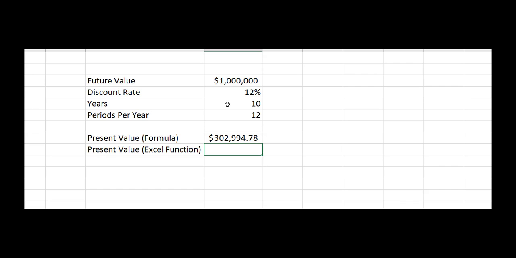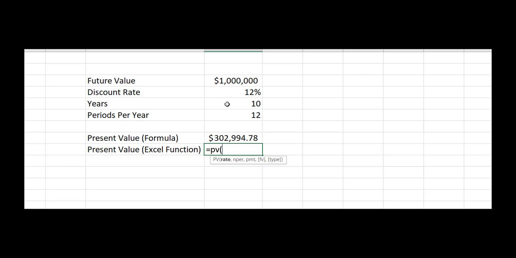Now, how do we do that in Microsoft Excel with an Excel function? We type an equal sign, and the function we're looking for is PV, for present value. It kind of makes sense. It's just an abbreviation. So if you're just guessing, you can just abbreviate what you're looking for. We'll do an open parentheses, and now we're given the same prompts that the future value function gave us.